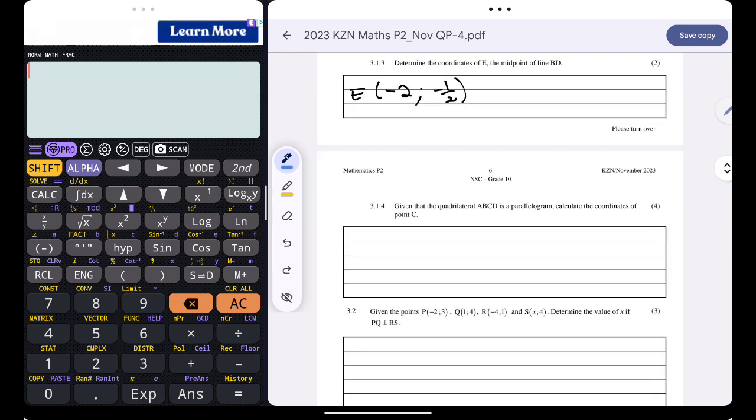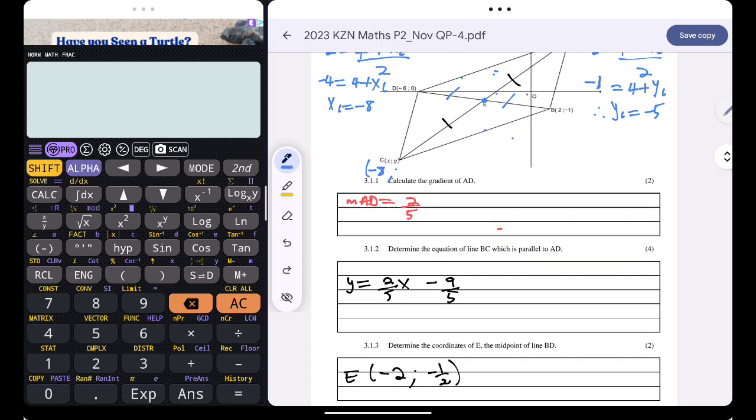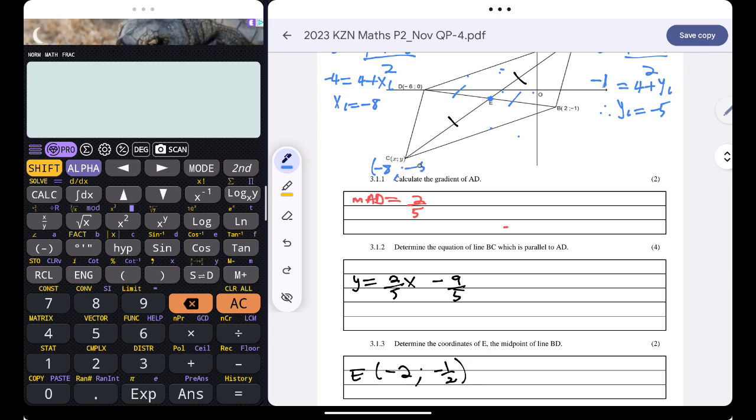So the coordinates of C, I got -8 and -5. Yeah, -8 and -5.